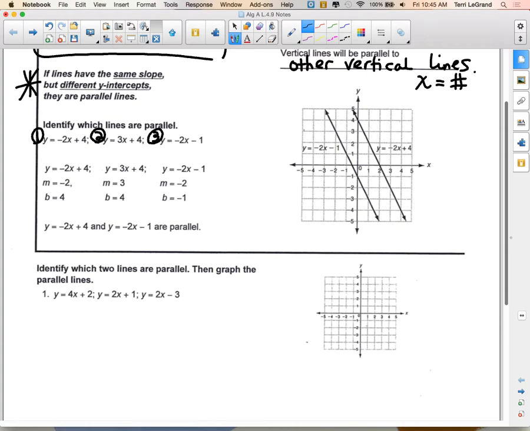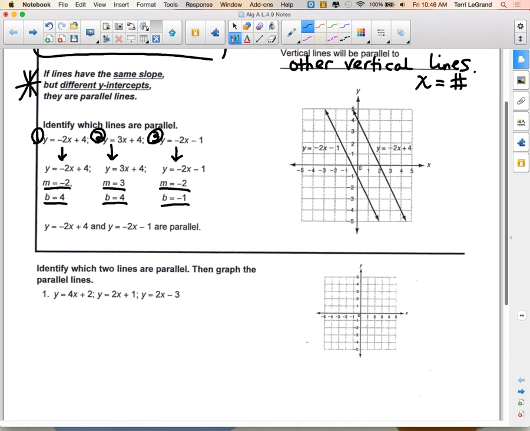So here's what, I want you to put an arrow like this. Here's what we need to show. We need to show the slope and the y-intercept for each of the equations to help say, well, these guys would be parallel.